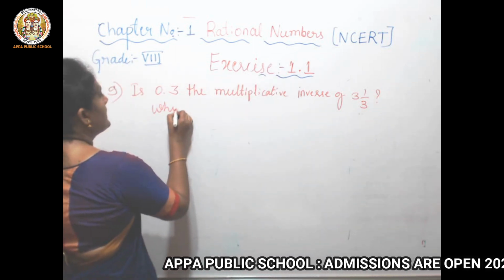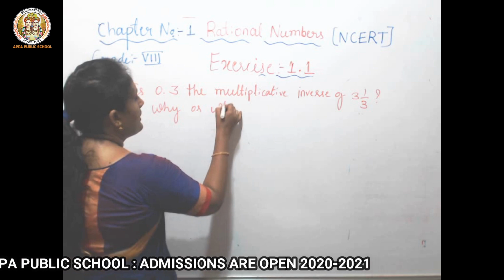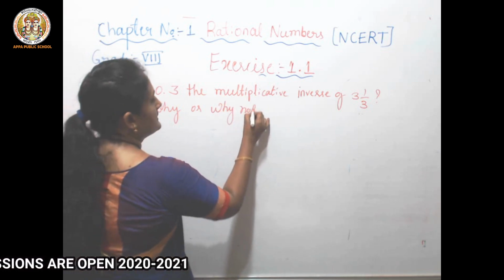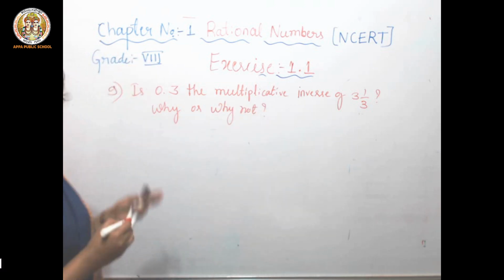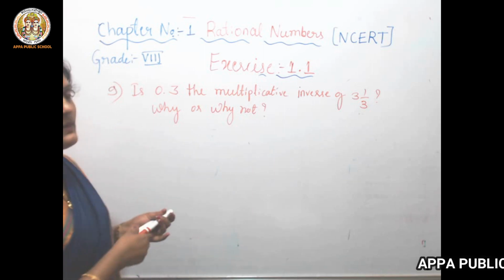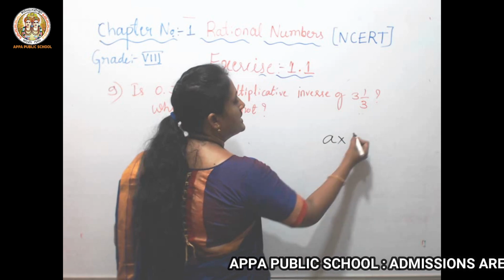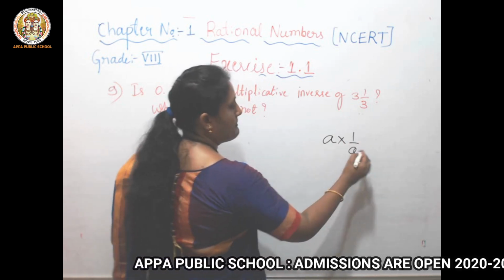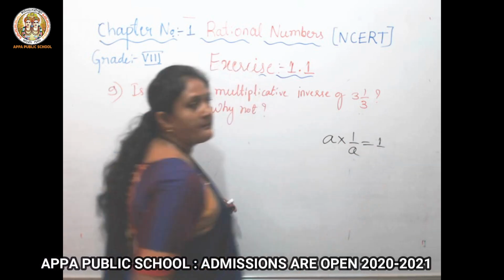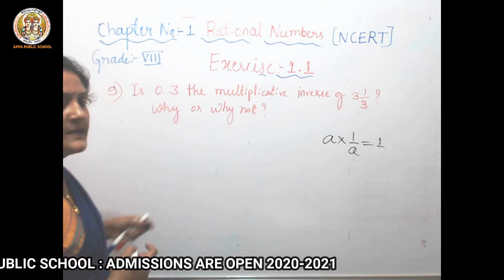Why or why not? Same question which we solved in the previous one, that's the 8th one. Similarly here also, when we multiply by the reciprocal of the same number, the answer should be 1, the product should be 1. Let's check.